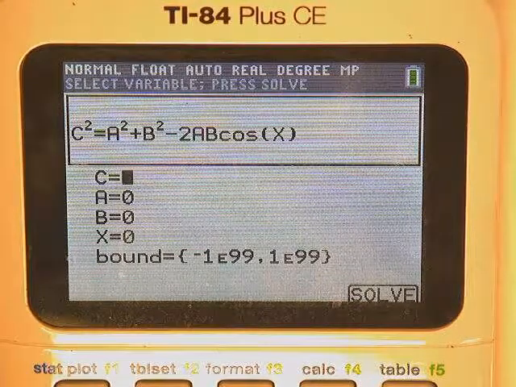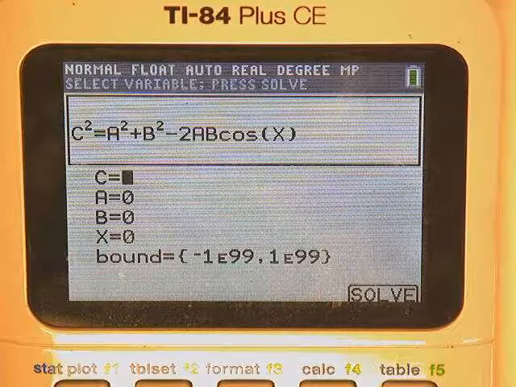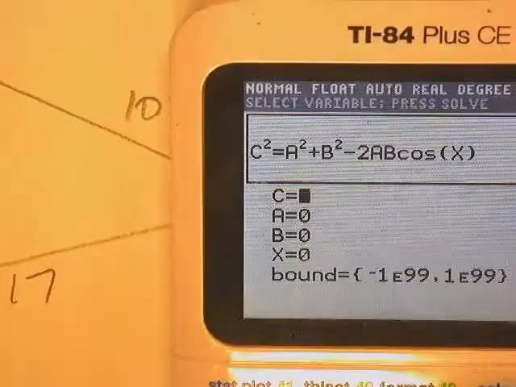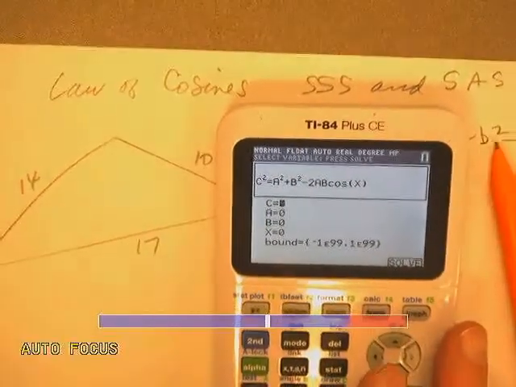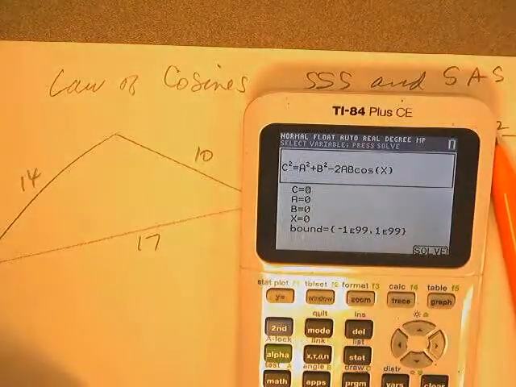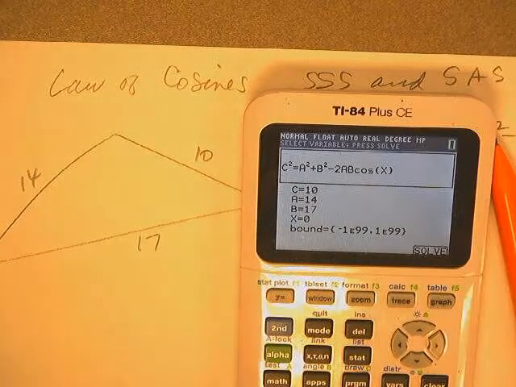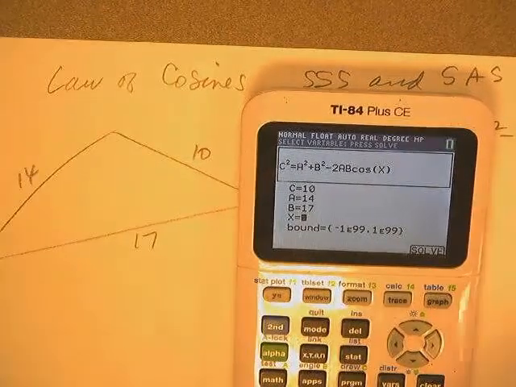And notice you've got the three sides and you've got the angle. So you can just put the three sides in there, any order, it doesn't matter. And then go to the angle and solve. But think about this.